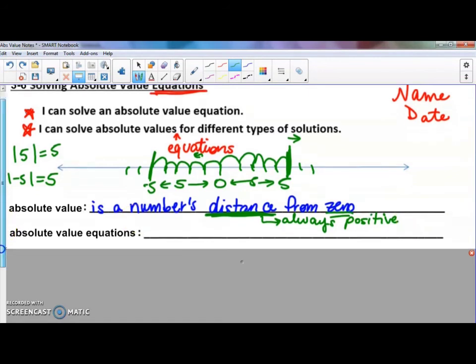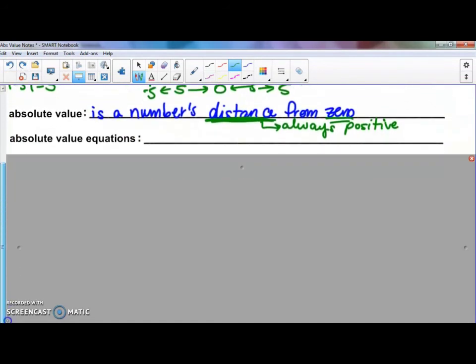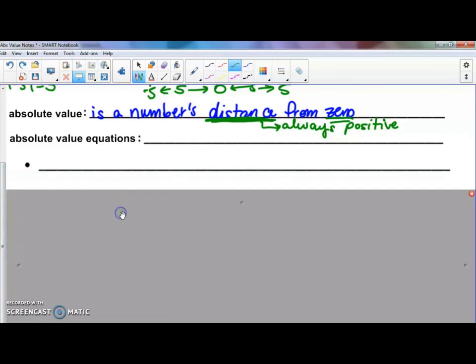Now, absolute value equations. Look at that from a different perspective now. So, absolute value equations are equations that have two possible solutions.